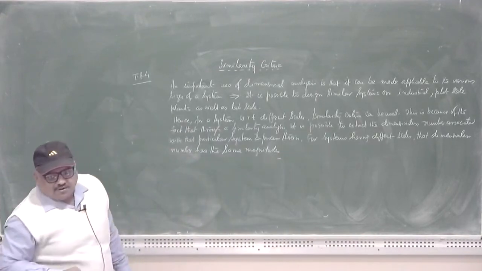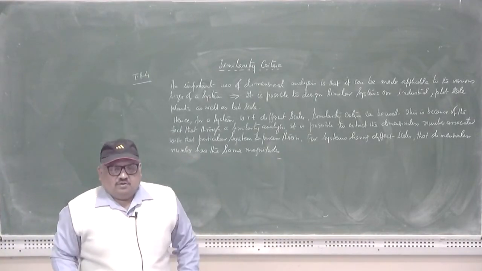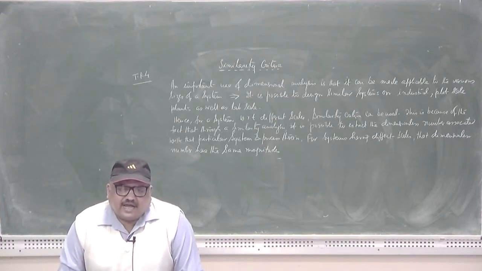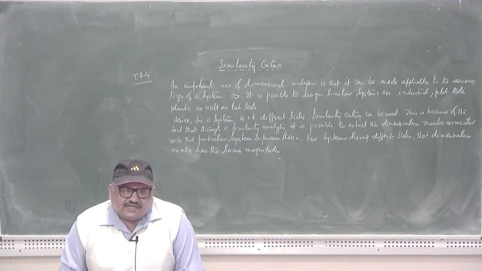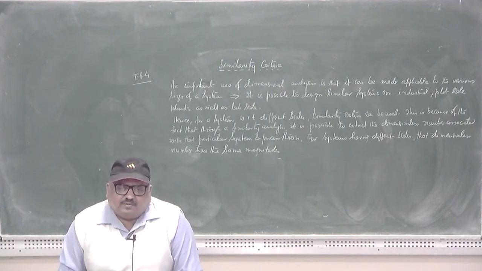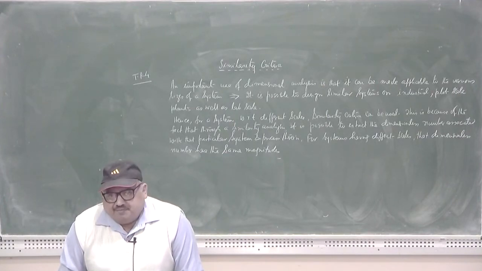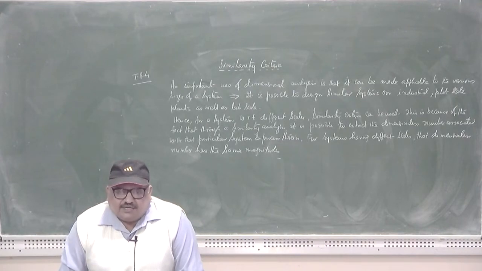So, one of the important things which can be regarded as an advantage of the similarity criteria is you can easily obtain the dimensionless number which stands responsible for affecting the process, which plays a major role in order to dictate the entire process in a given system.